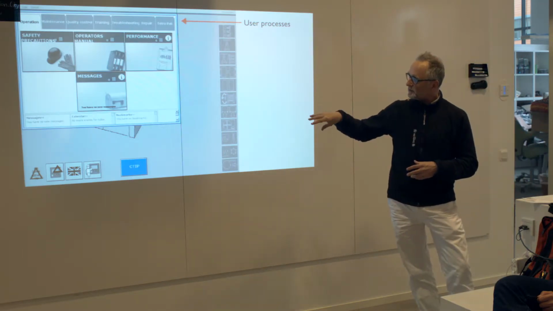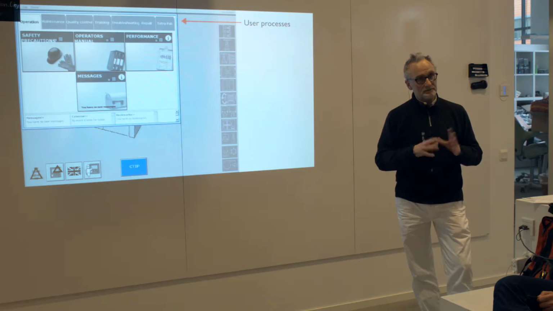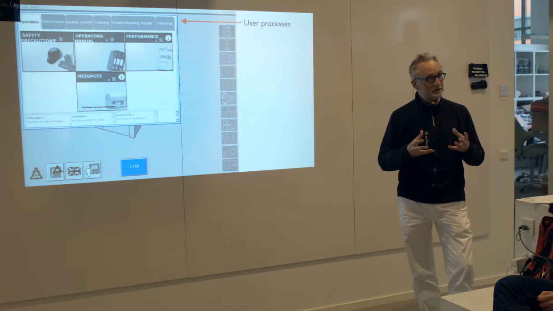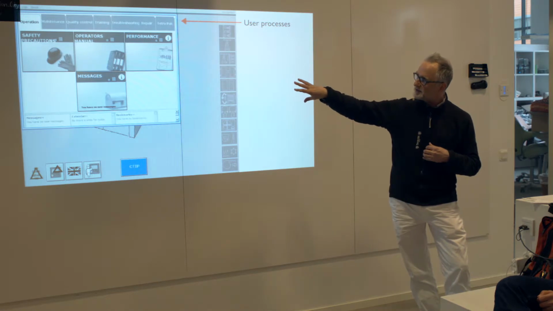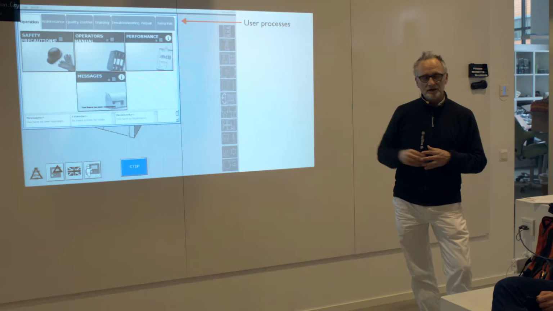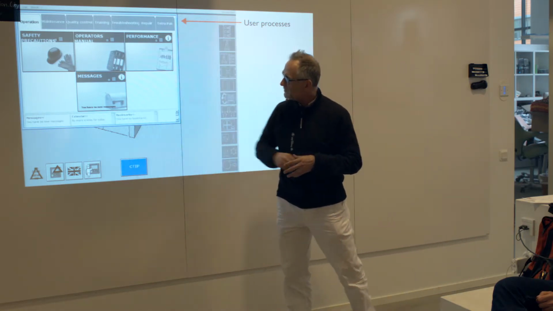On the operator panel, we thought of it as a standalone machine, and at that time the internet didn't exist. Then the internet came with web technology, and we started to test how to integrate internet technology into these machines, and this is one example of how we did it.